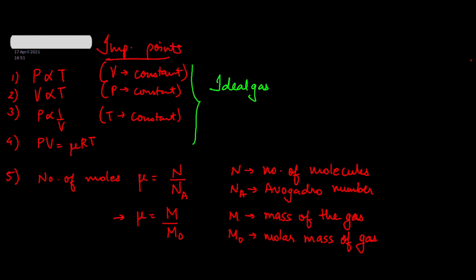Okay, let's derive it. So I'll go to a new page and we'll come back to this. The list will continue. See, it is as follows: 1 mole of any substance, whatever mass it has, that mass is called molar mass, correct?